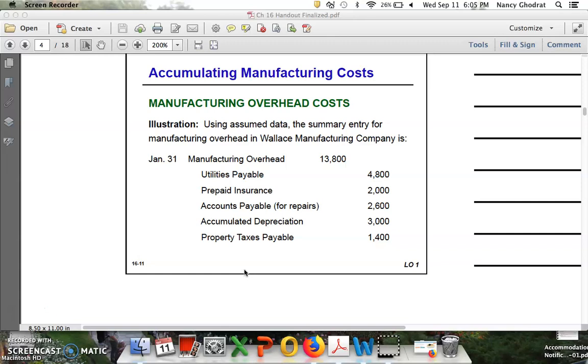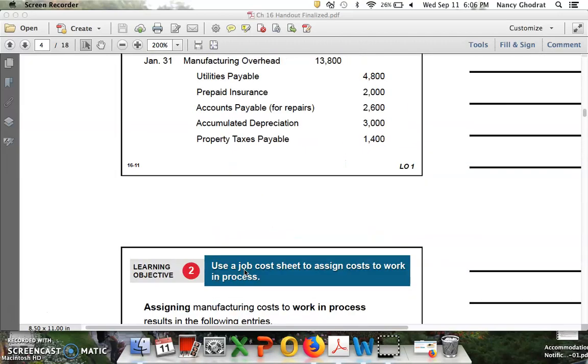Accumulated depreciation is credited. We cannot credit the asset directly, such as the equipment or the machinery, because of the cost principle. The cost principle indicates that the cost of the asset must always remain at the price that we paid for it. So you cannot reduce the cost until you sell the asset. And the last manufacturing overhead for this company is related to property tax that they have to pay to the government.